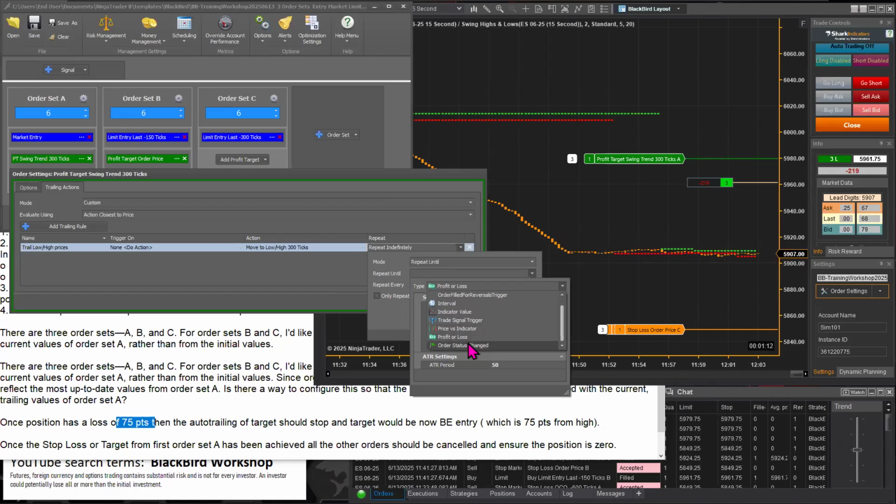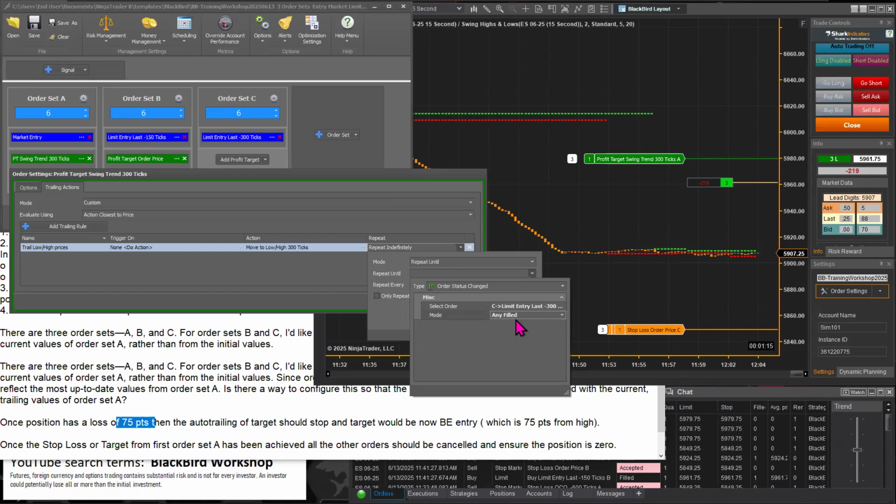There it is. All right, so if I scroll down a little bit, I have the order status changed. And this was my initial thought here. And the simplest way now to do this is we'll monitor to see when the limit entry order for C is filled, right?